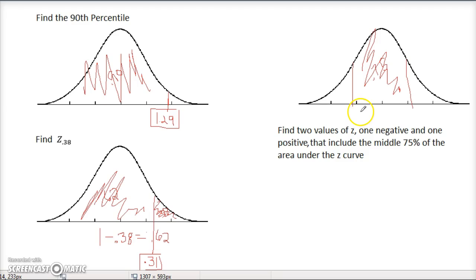So that means that we have 1 minus 0.75, which is equal to 0.25 or 25% in both tails combined. So this is what 2 tails is, but we want to know how much is in 1 tail. So let's just put 2 tails.